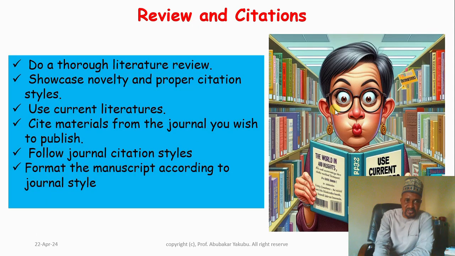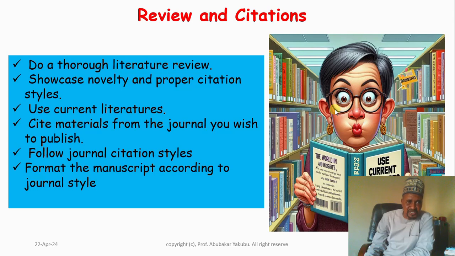Review and citations. Do a thorough literature review, showcase novelty and proper citation styles. Remember, we have different citation styles: APA, Harvard, Vancouver, lots of citation styles. Whatever citation style you're using, be consistent with it, be current with it.